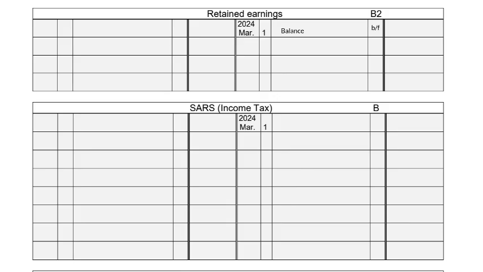And the balance brought forward is 212,000 Rand. Then on the credit side, 2024, September the 25th. Let's enter that transaction.